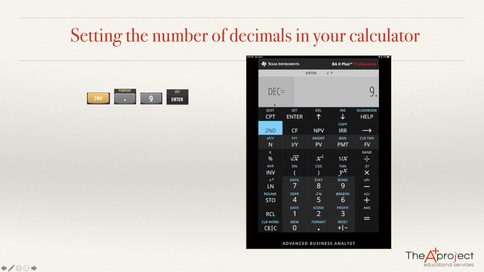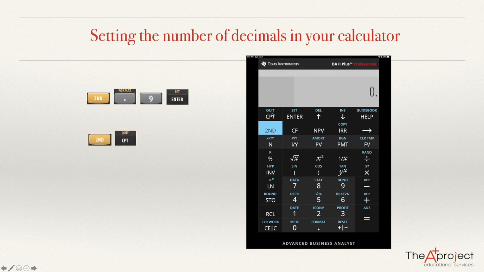If you do that, now you see the equal sign beside this word there, and that means that for sure this 9 is inside the memory of your calculator. If you want to quit this format worksheet, or whatever worksheet of your calculator, the only thing you need to do is press second function and the key quit. So here, second function, quit.